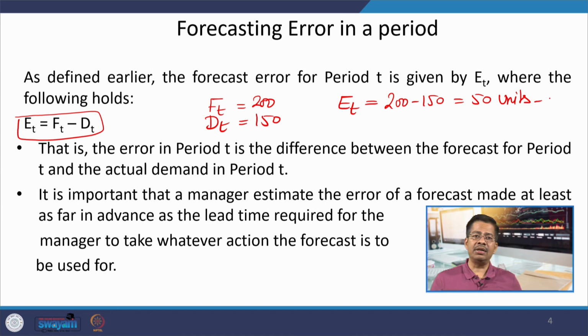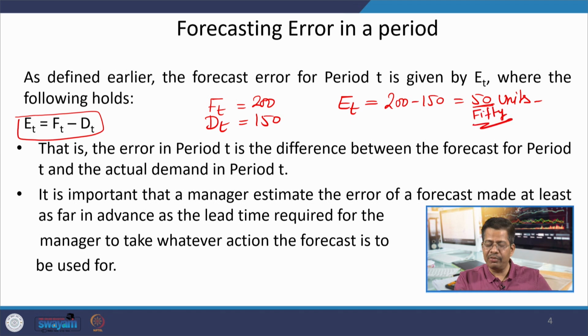If it is a 50 unit forecasting error, how will you represent this 50 in different ways? One simple way, on a lighter side, is in digits; I can write it in words also. 50, but this is not the meaning I want to say.